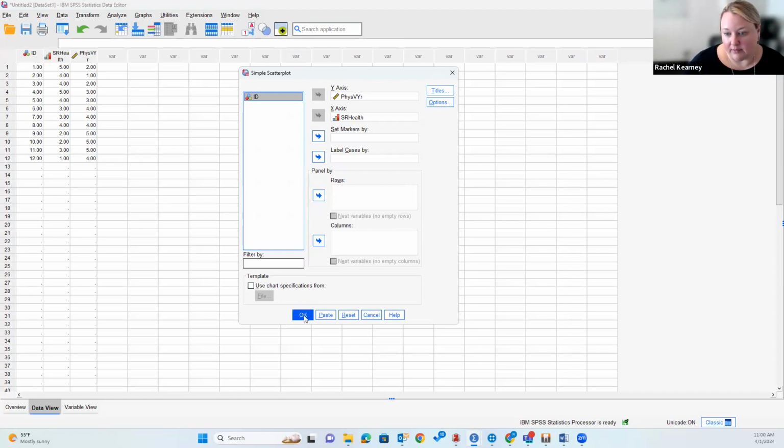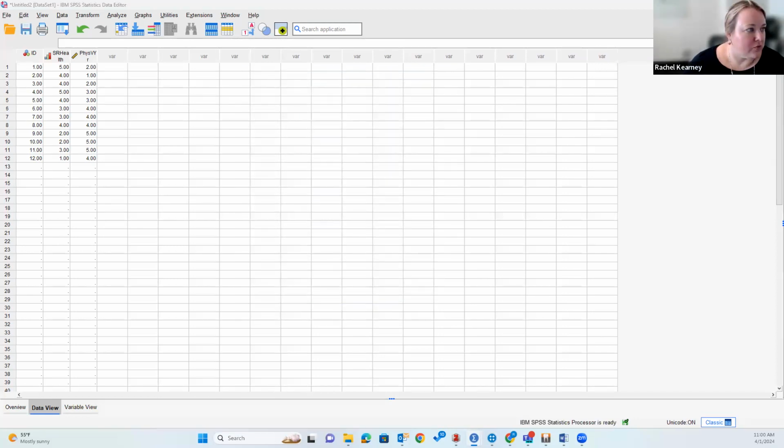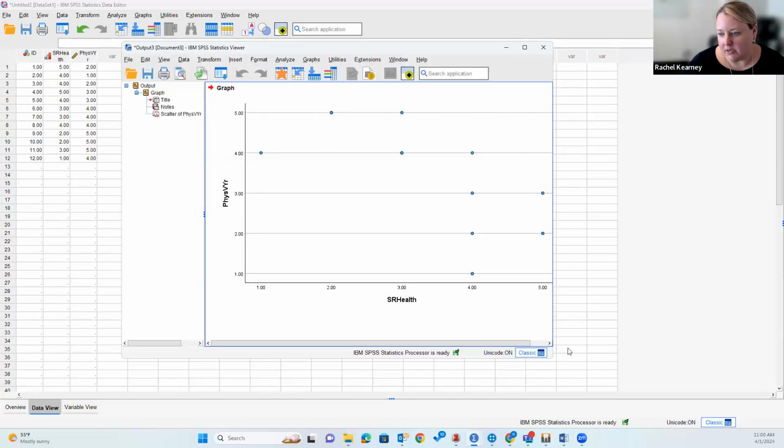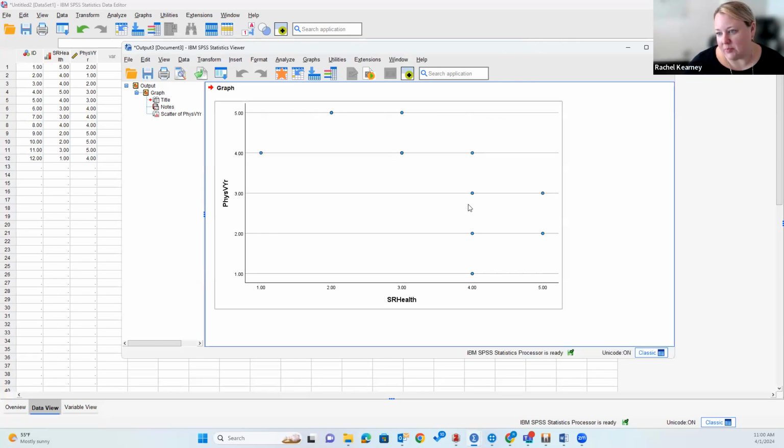It really doesn't matter which one. You can see on this scatter plot that the number of physician visits relates to lower self-rated health. If we were to draw a line through there, you can see sort of what direction it would be going. So that gives us an idea of our data set.